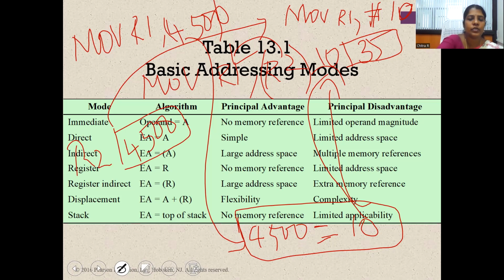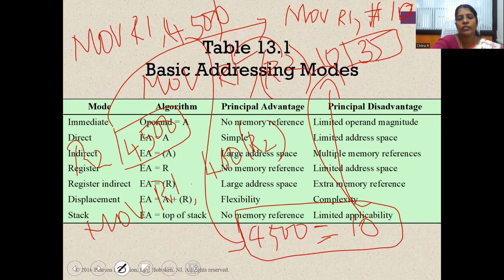Displacement means, as I already told you, MOVE R1, 400 of R2. Now, go to the value of R2. We know that in R2, 4,500 is there. So, add 400 with 4,500. We get the value 4,900.